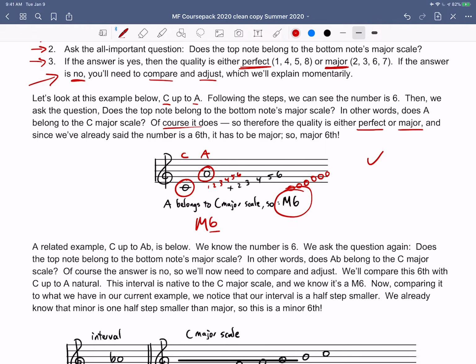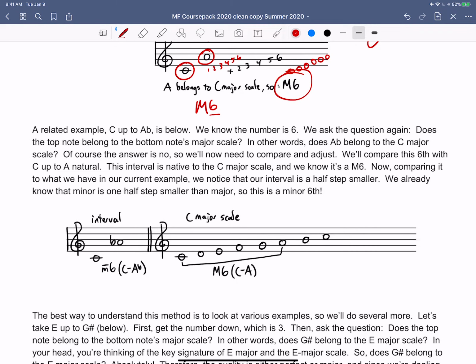Okay, now, they're not always going to be that easy, of course. Here's a related example. So C up to A flat. Okay, so count your slots, 1, 2, 3, 4, 5, 6. Yeah, of course, it's a sixth. And we're thinking, oh, maybe it's going to be major or minor, or it could be wacky and be diminished or augmented. But let's ask that question again. Does the top note belong to the bottom note's major scale?